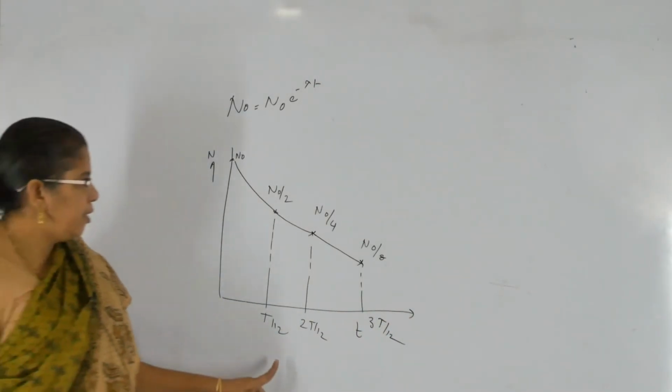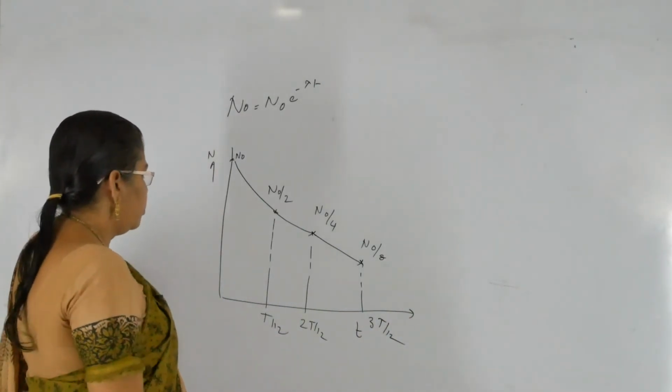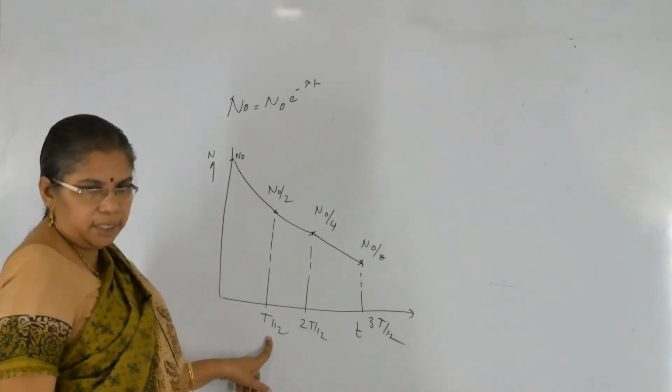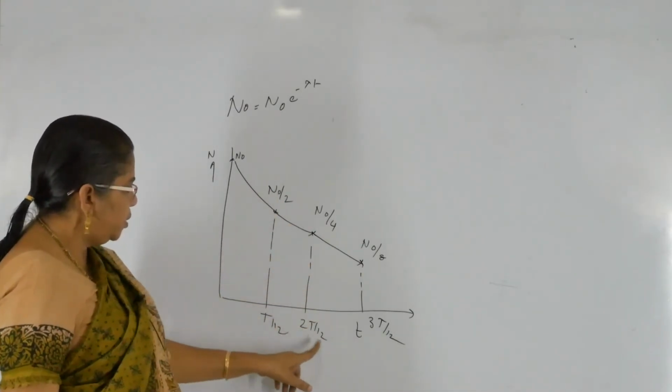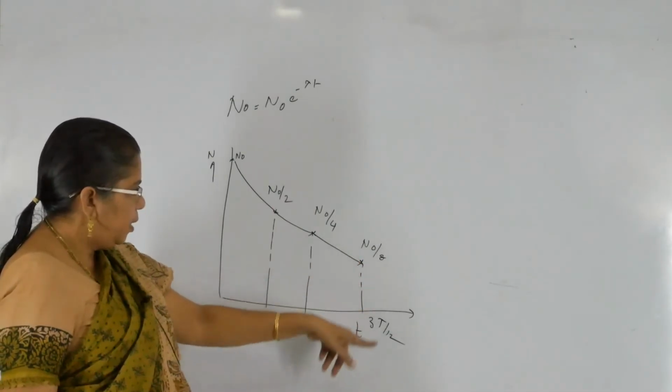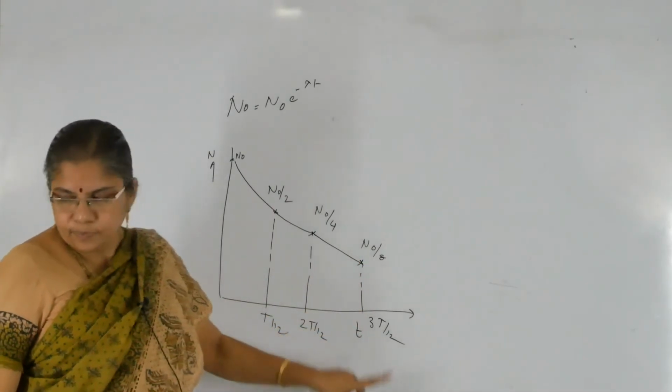So N0 by 2 means it is T half, half of that is 2T half, and N0 by 8 means it is the third half-life.